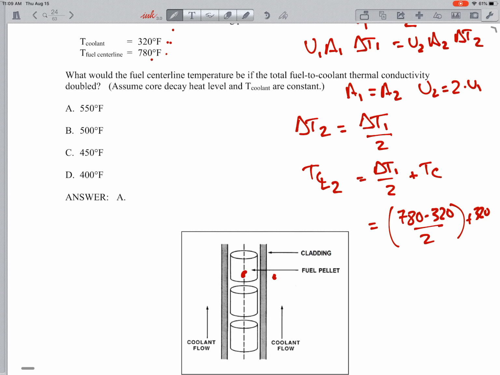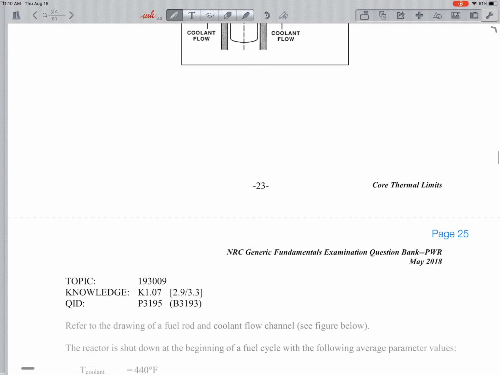So we've got to figure that out. 780 minus 320, divide that by 2, then add 320 to it. It's going to be 550. Answer A. Temperature, center line at state 2 is going to be 550 degrees.